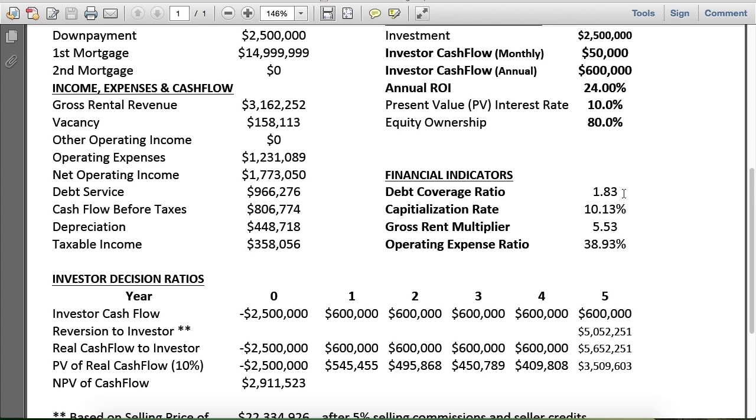So no one would want to give someone money for something like that. In this scenario, if their mortgage is $1,000 a month, they are collecting $1,830 in rents. So now you know that there's a lot of extra money there in order to pay the debt.